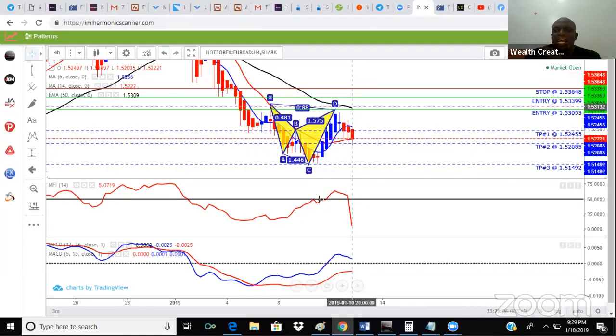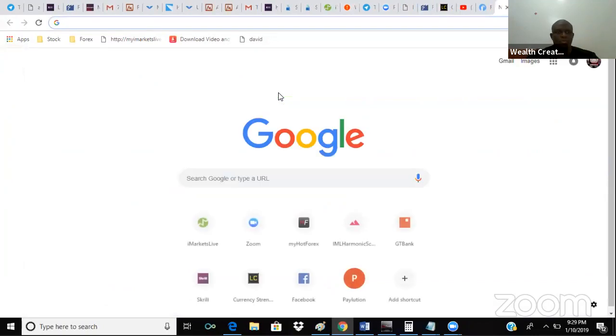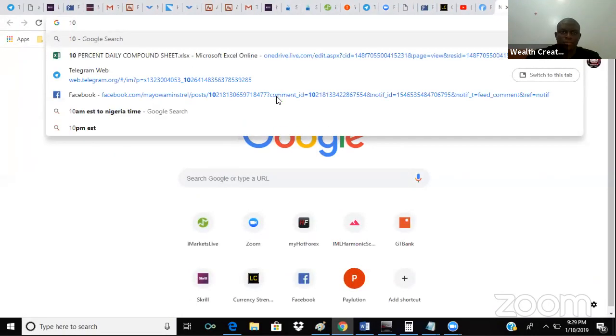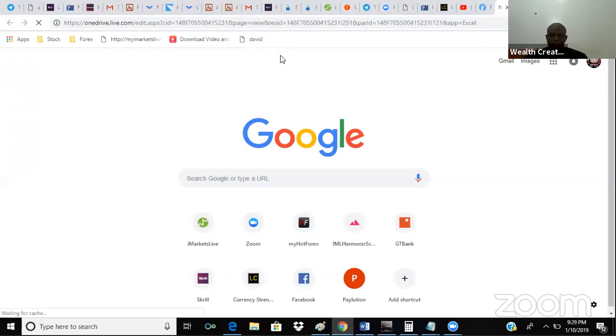Now that we understand how this works, how do I enter a trade? We come to my Excel sheet. I will come to my Excel sheet that I'm using for my compounding.